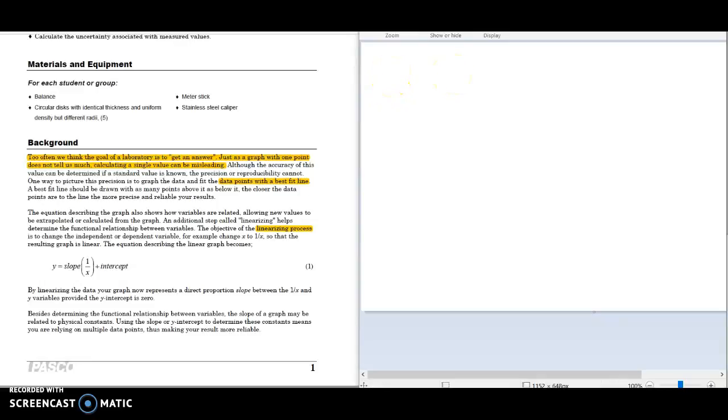And so to start, we start with the equation for density. The common variable used is rho. I'll use d this time just to make it a little bit easier to follow along. So d equals mass over volume for density. Now we're measuring the mass and the radius for the cardboard.